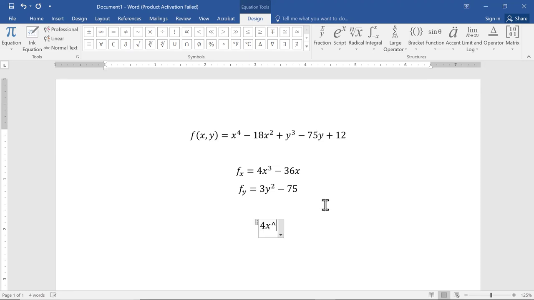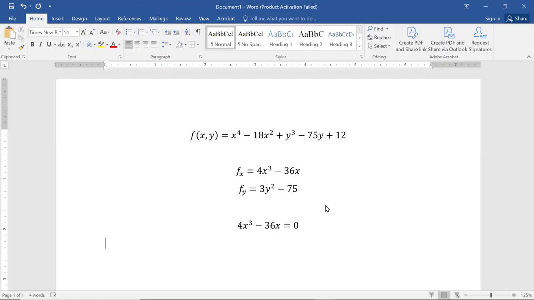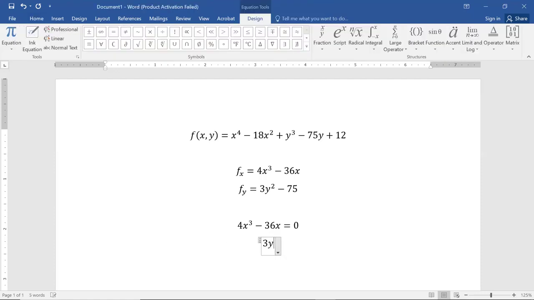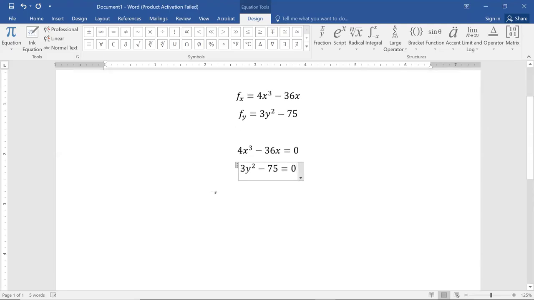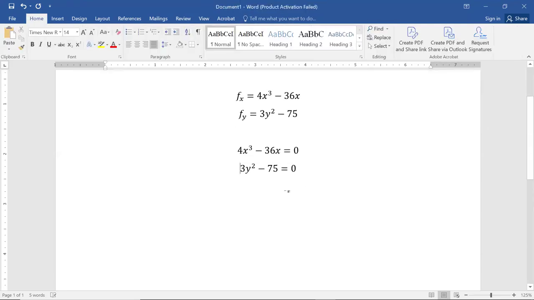So we have 4x to the third minus 36x. That has to be 0. And 3y squared minus 75 also has to be 0. We're going to solve these individually.